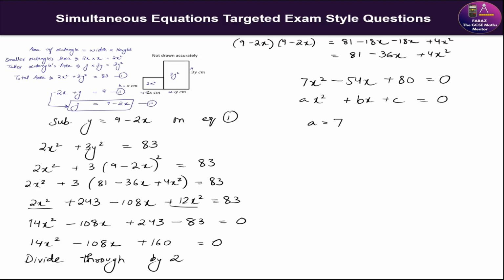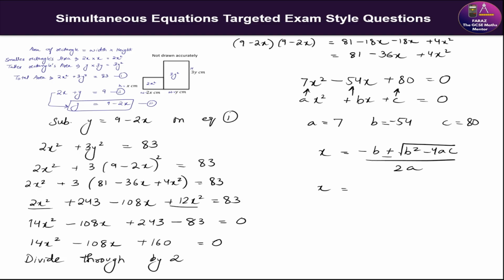So a is 7, b is negative 54, and c is plus 80. And the quadratic formula is x equals to minus b plus minus square root of b square minus 4ac over 2a.